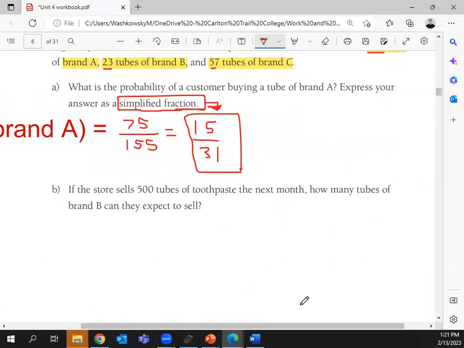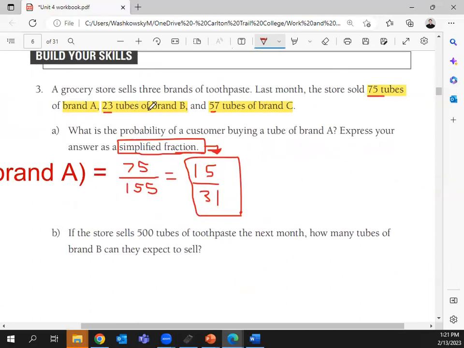So next question here is, this is all based on still the same information we have up top. If the store sells 500 tubes of toothpaste, they want to know how many brand B they can sell. So this is where I want to take a step back to our Smarty thing, and go back to Aiden's information that he gave.